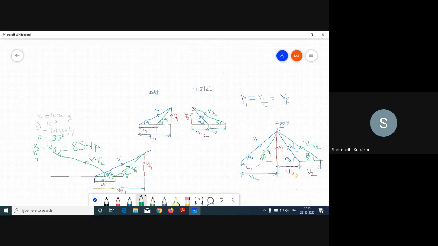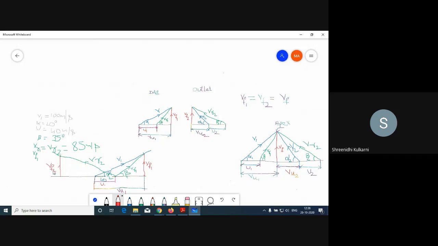Once we know VR2, I will draw one straight line here. This I'll call VF2.